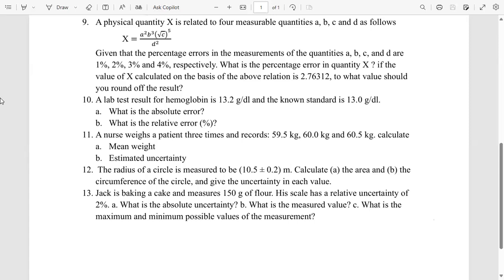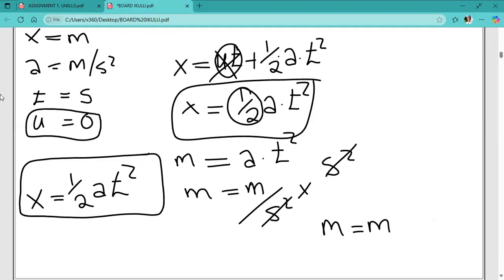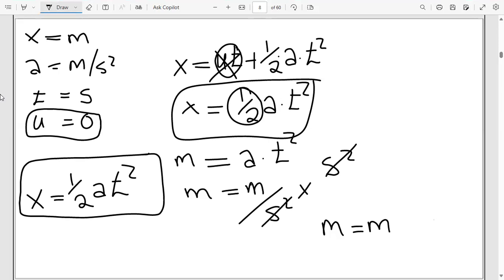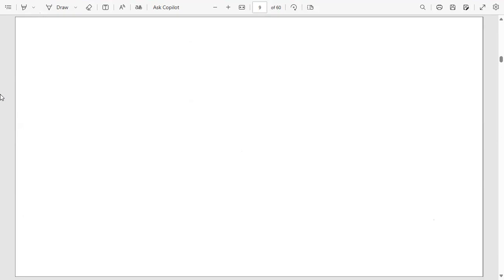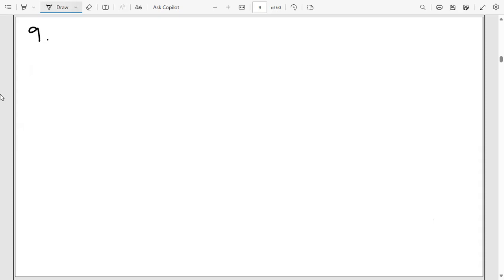So this is question 9. Okay, so what are we going to do here? We're supposed to find the percentage error in X. This is the first thing that we're supposed to do. First thing is we're supposed to calculate the percentage error in X.